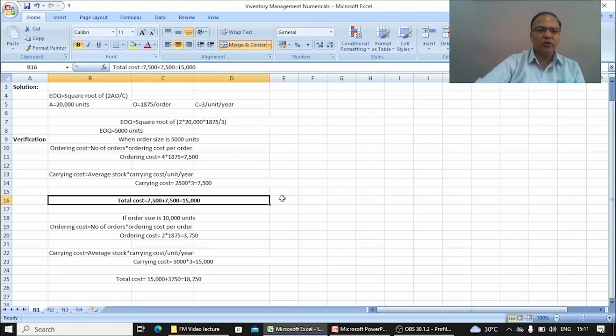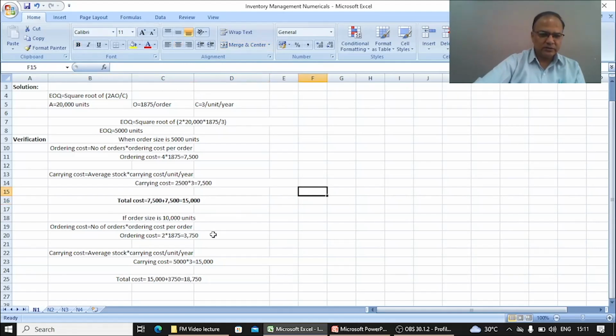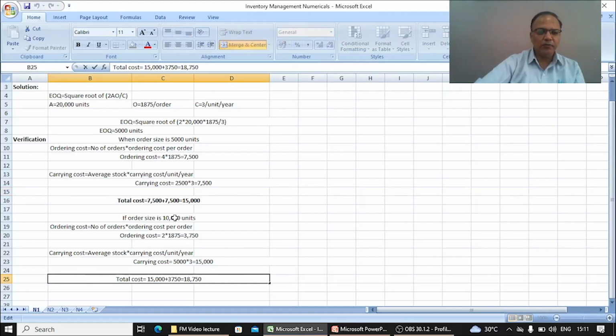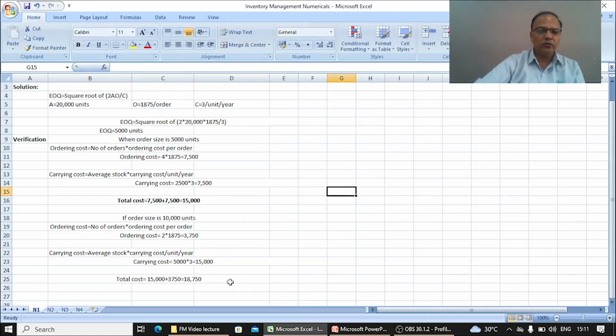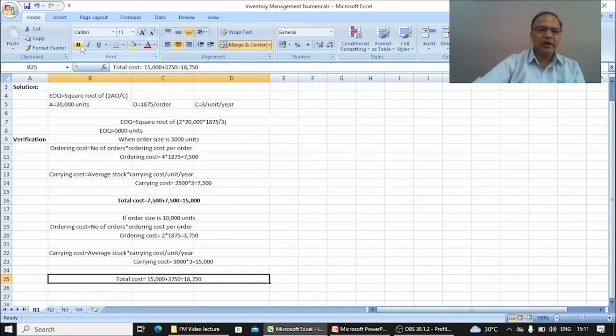But if you are not following this order size and you are giving an order of 10,000 units, then total cost is rupees 18750. So it's very much clear that if you are following the quantity suggested by the EOQ method, then your total cost may be reduced up to a certain level.